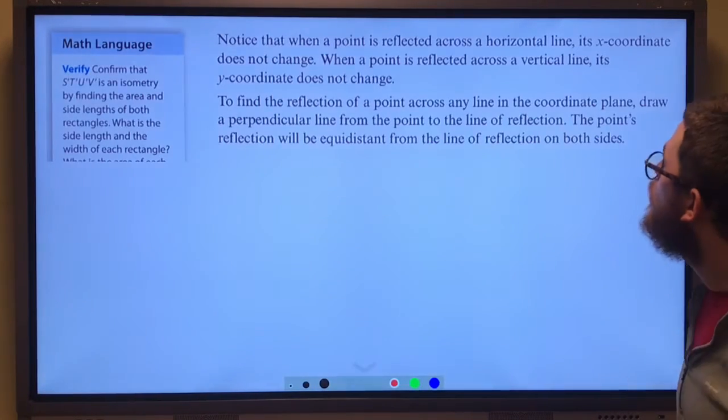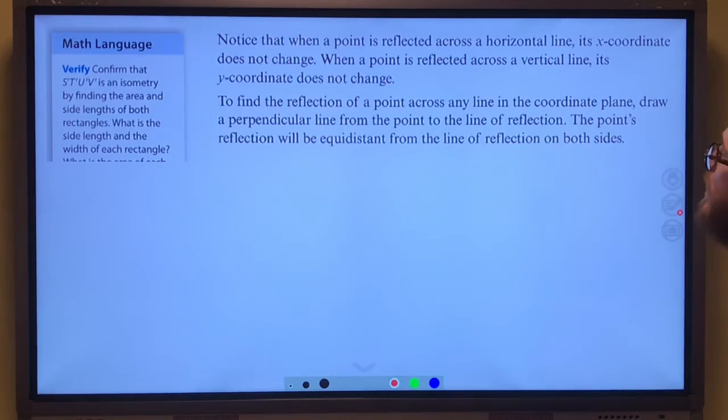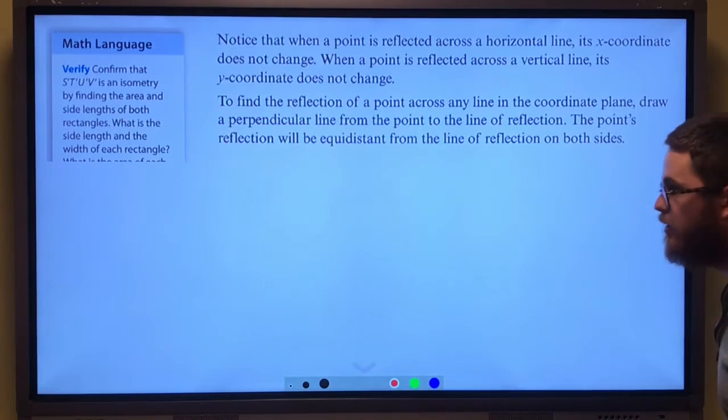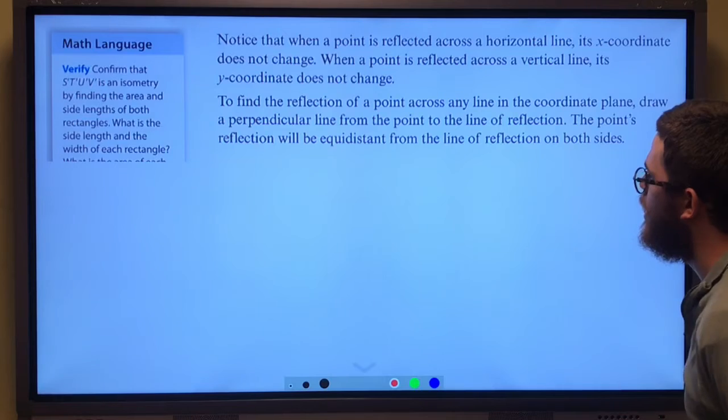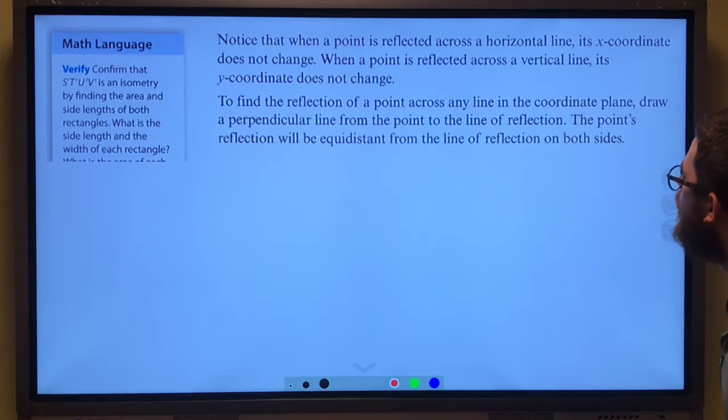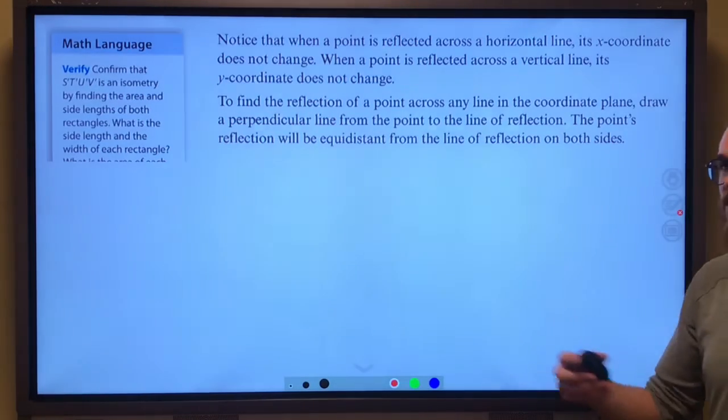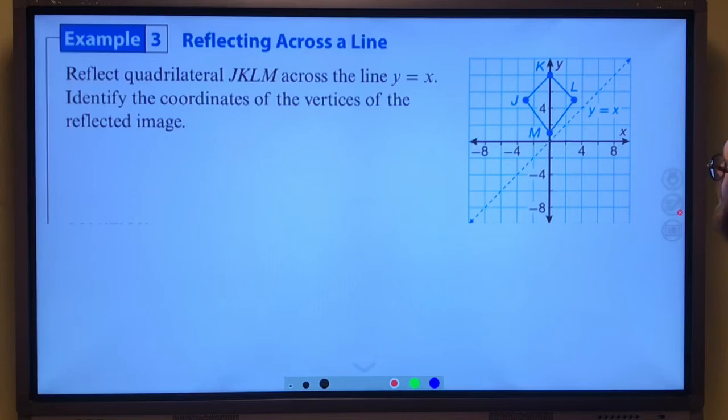Now, it says, notice when a point is reflected across a horizontal line, its x-coordinate doesn't change. When a point is reflected across a vertical line, its y-coordinate doesn't change. So we noticed that. To find the reflection of a point across any line in the coordinate plane, we can draw a perpendicular line from the point to the line of reflection. We can still use the fact that it's going to be the perpendicular distance.